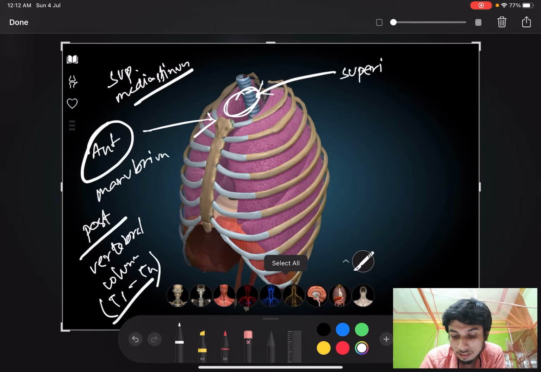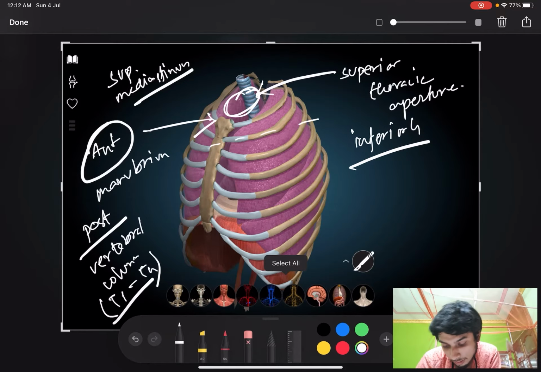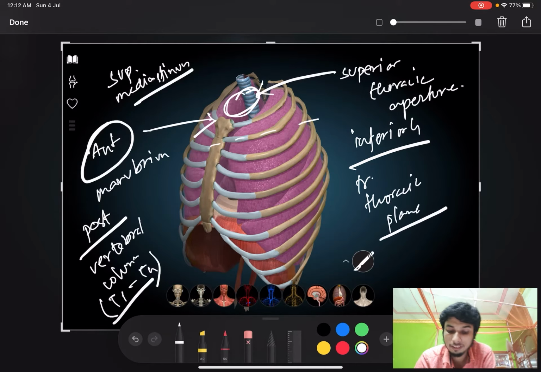Superior thoracic aperture. Inferiorly is this line. What is this line called again? Transverse thoracic plane. Okay, clear the boundaries of superior mediastinum.